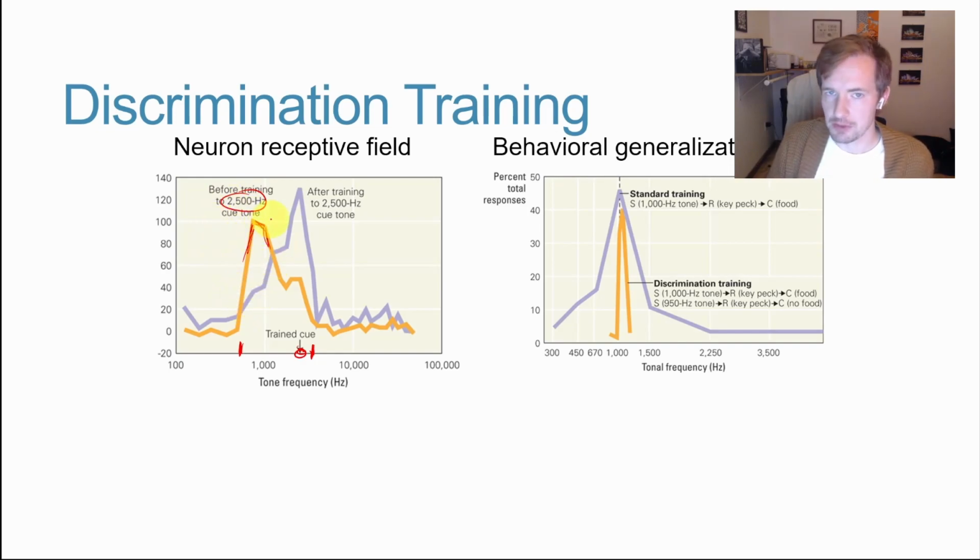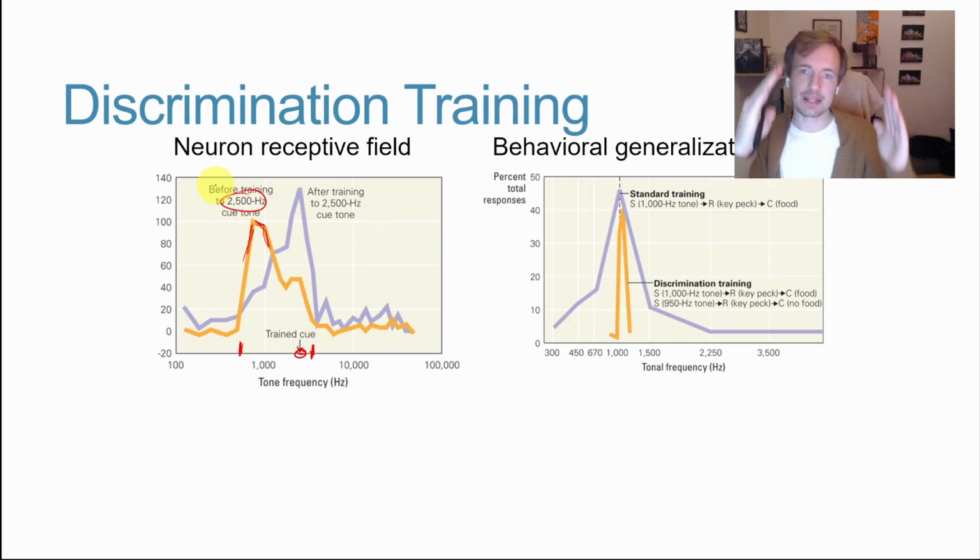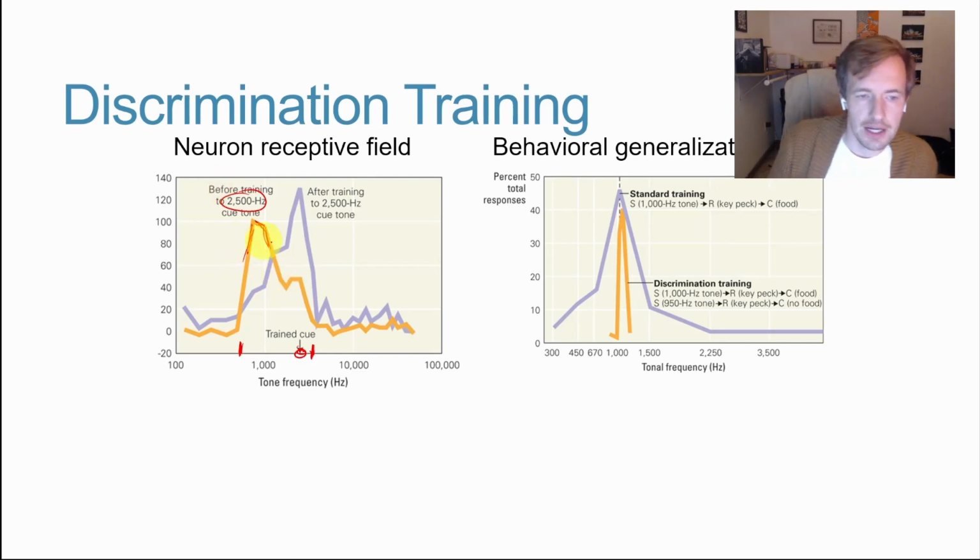But after we have some training where whenever we experience this, we know that something is going to happen as a result of that. Maybe we get some food, maybe we get an electric shock or whatever, but we learn that it's predictive. What happens is that gradient for when it fires or how strongly it fires is actually going to shift. And so this orange is now going to shift to the purple, which you can see here, which is totally different.